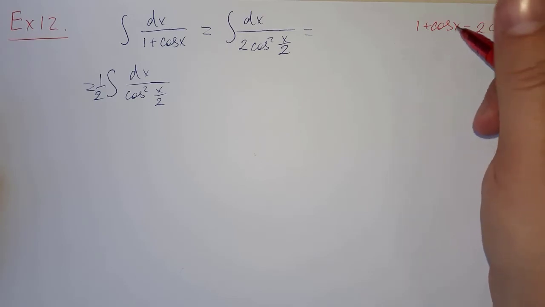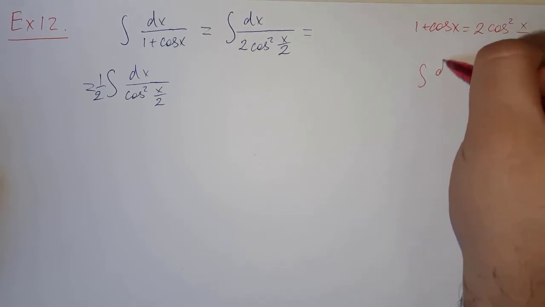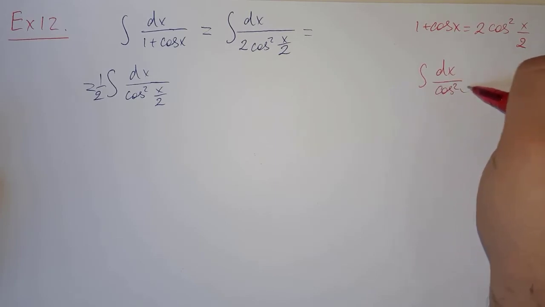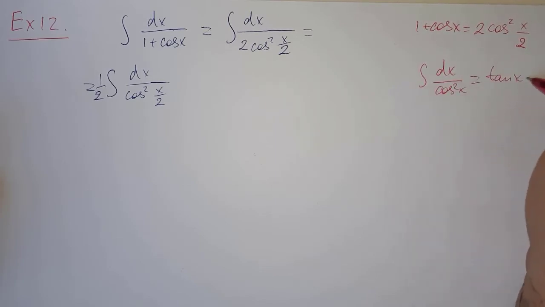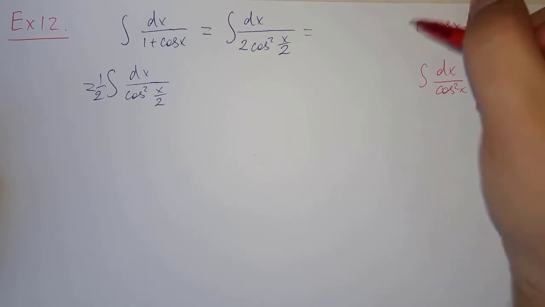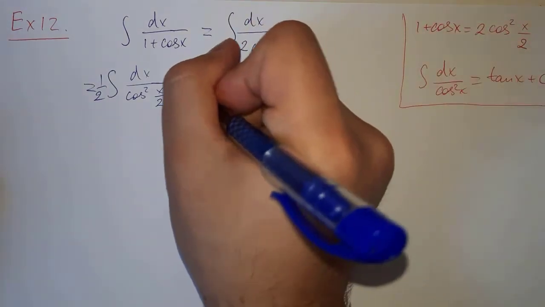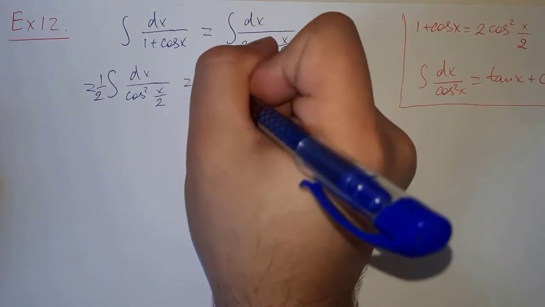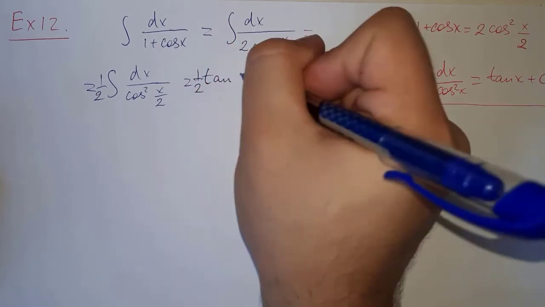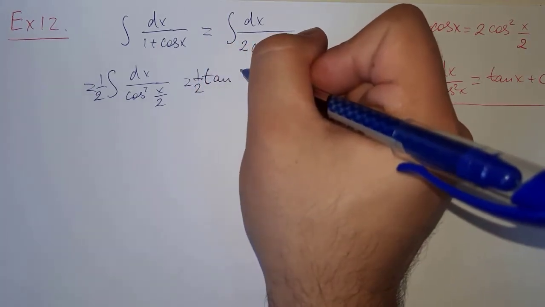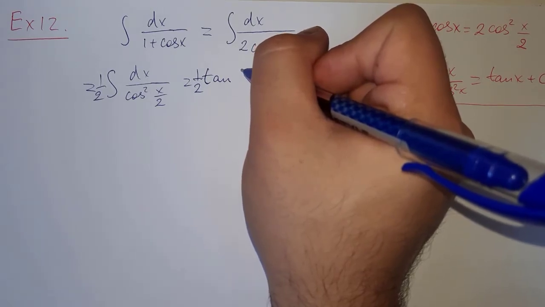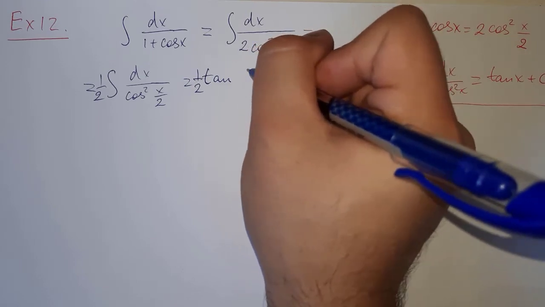There we have the next one: the integral of dx over cosine squared x is tangent x. So now let's use this one, and we get 1 over 2 tangent x over 2.